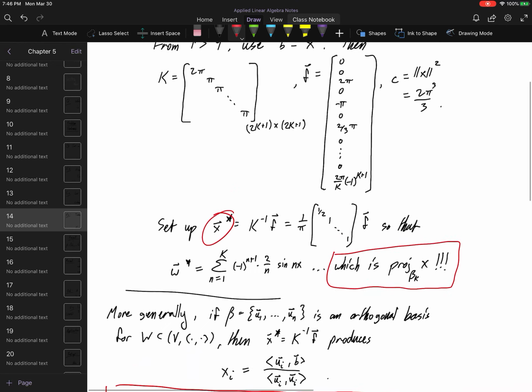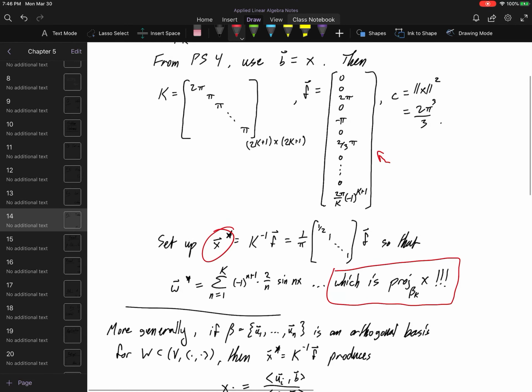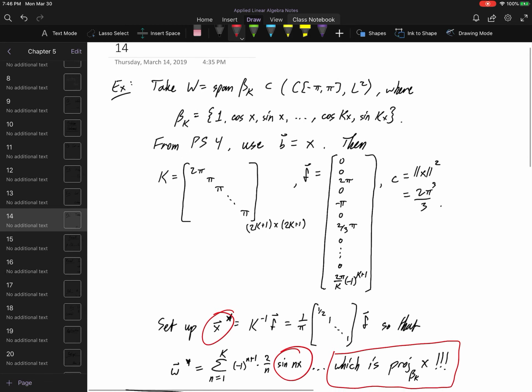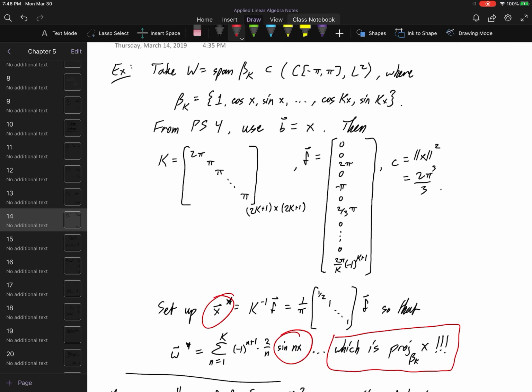And we're going to multiply that into f. And because a lot of these entries in f up here are 0, you can show that the only entries that survive are the weights associated with the sine functions up here. Right? It skips over the 1, it skips over the cosine, but then 2 pi is how much sine of x lives in x.